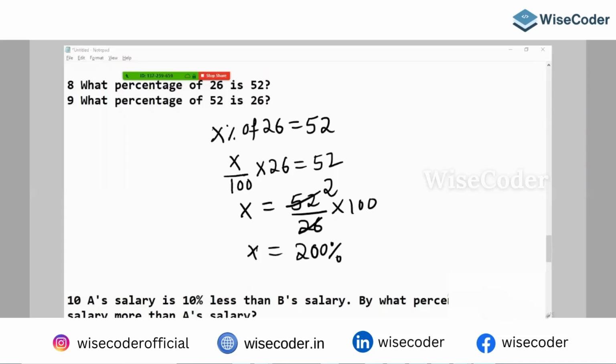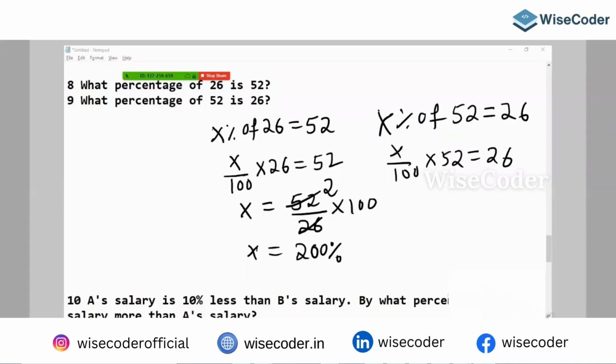Next. What percentage of 52 is 26? So x percent of 52 is 26. Then x by 100 into 52 equals 26. So x by 100 equals 26 by 52.